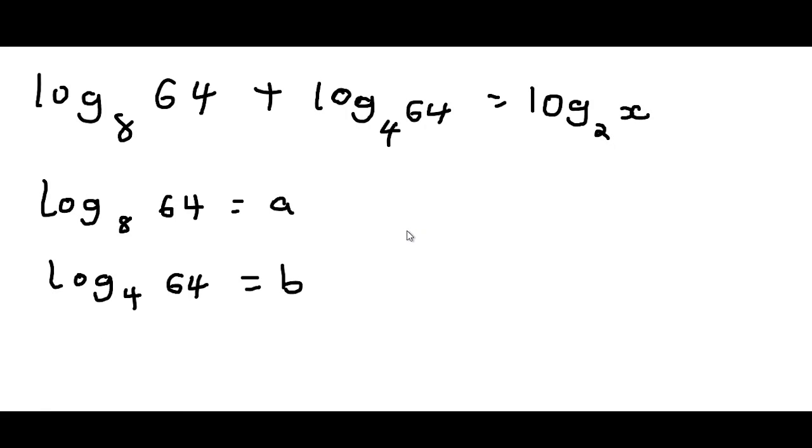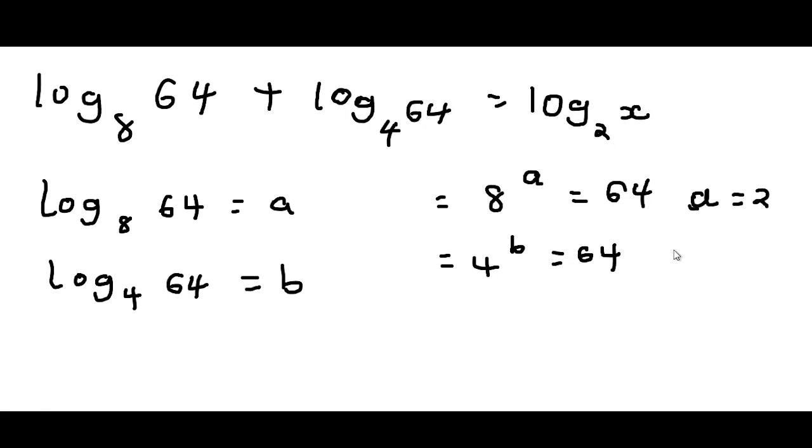So it means that we can write it as 8 to the power a equals 64. So the value of a will just be 2. The same for this other side, 4 to the power b equals 64, so the value of b will be 3.